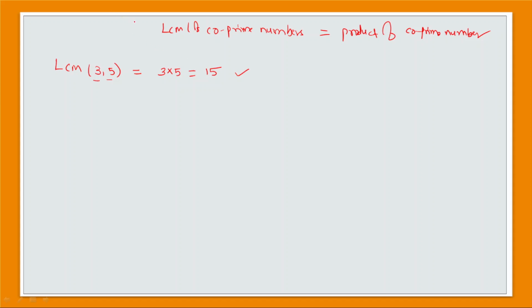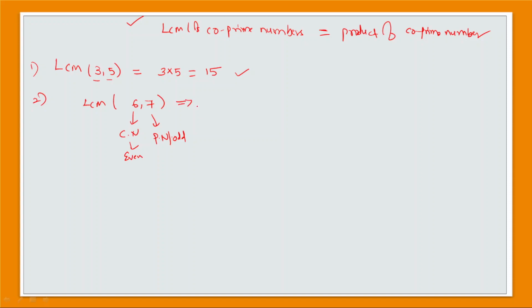The basic point here is that the LCM of co-prime numbers will be equal to the product of the co-prime numbers. Next, example 2: LCM of 6 comma 7. Here 6 is a composite number and 7 is a prime number, or you can take 7 as an odd number and 6 as an even number.